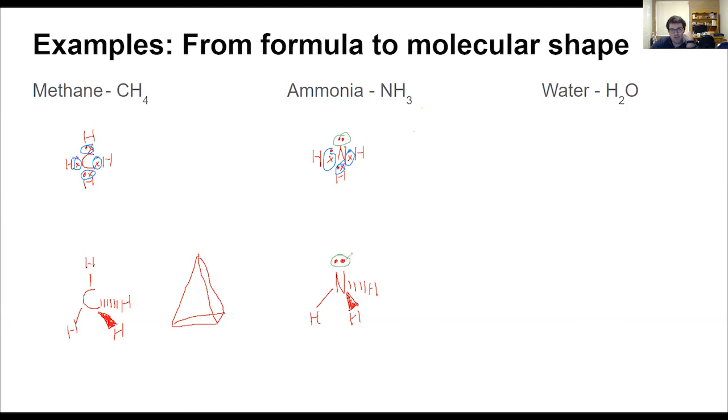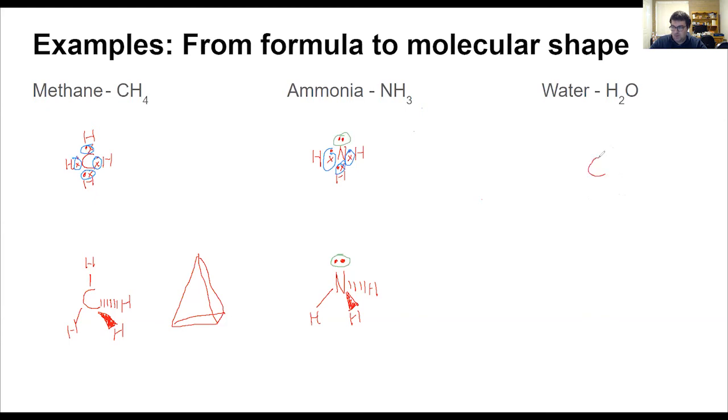And by taking that away, and we're still filling that space with a lone pair of electrons, the shape of the molecule is still affected by that lone pair of electrons. So even though we have a different shape, we still have 4 pairs of electrons surrounding that nitrogen. Makes sense?